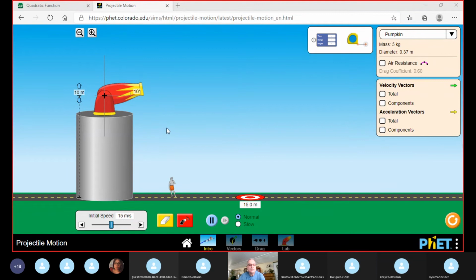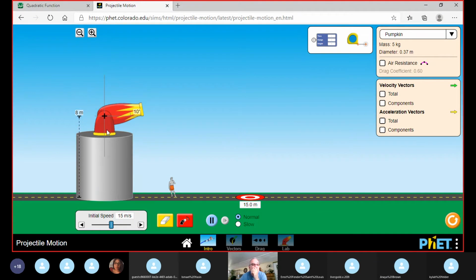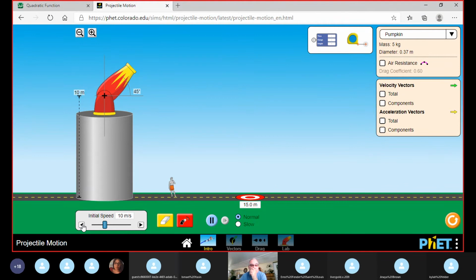Yes. Okay. Let me impose the conditions. The building is this building. The distance is 10 meters. The angle of the cannon is 45 degrees, like that. The initial velocity was 10 meters per second.